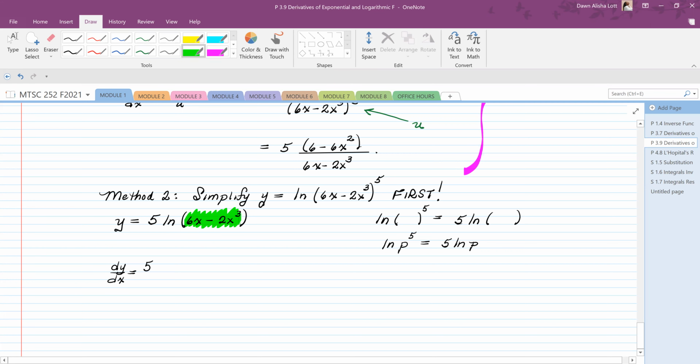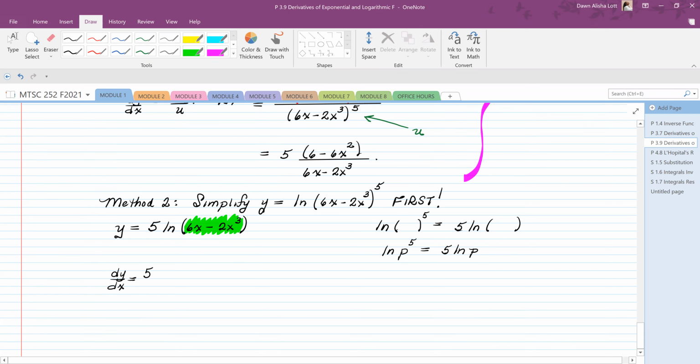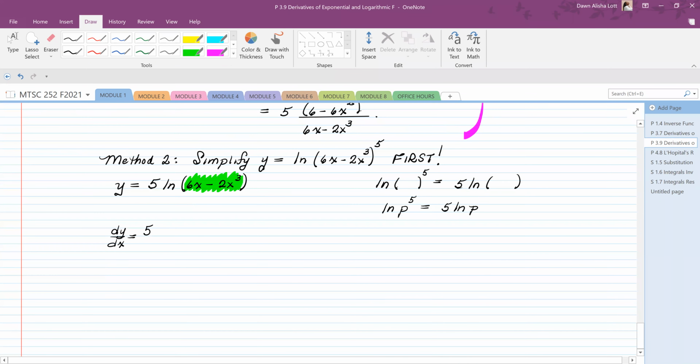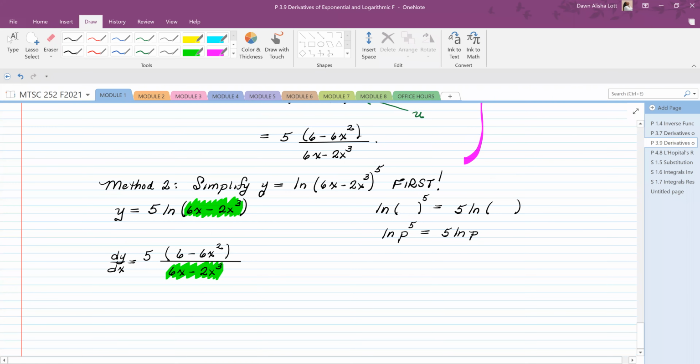I don't have it to the 5th power because I simplified it first. So now I put 6x minus 2x cubed in the denominator, and I put its derivative in the numerator, 6 minus 6x squared. And I get the same answer.